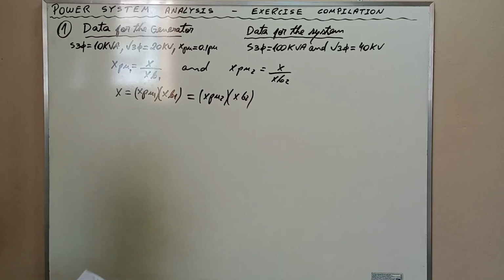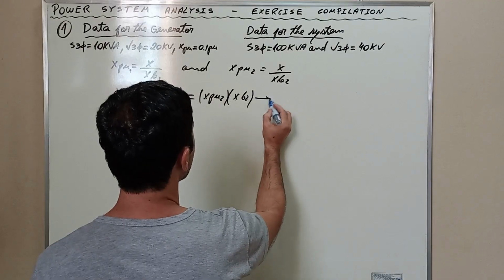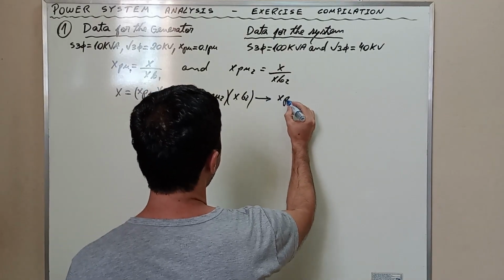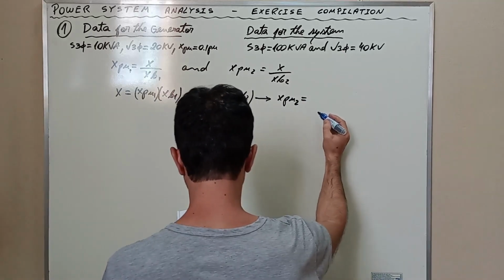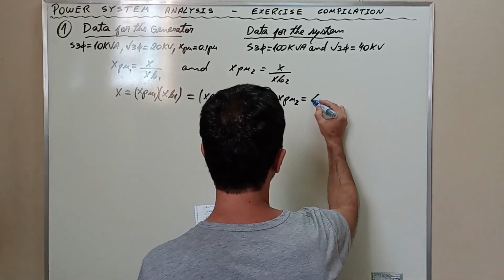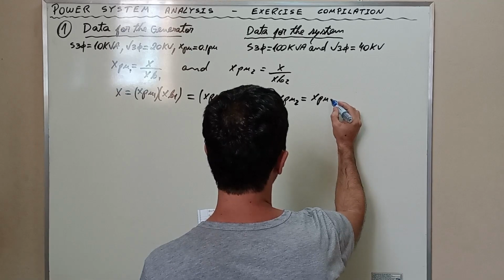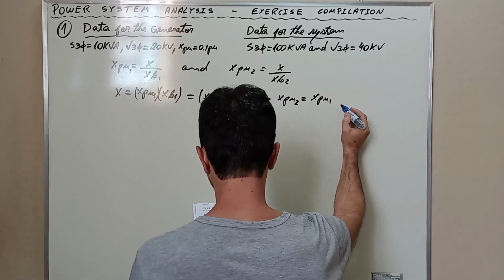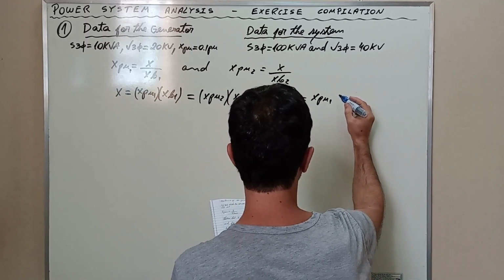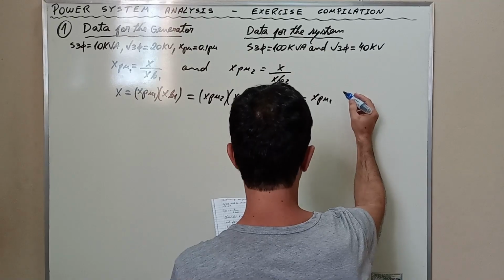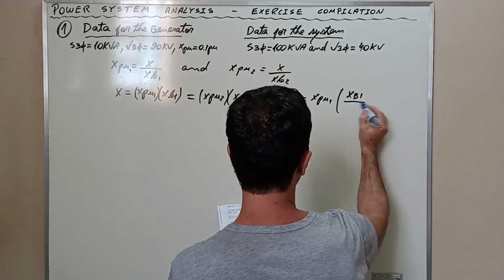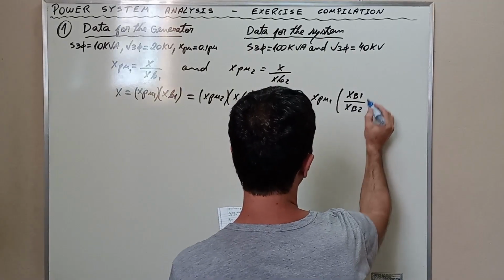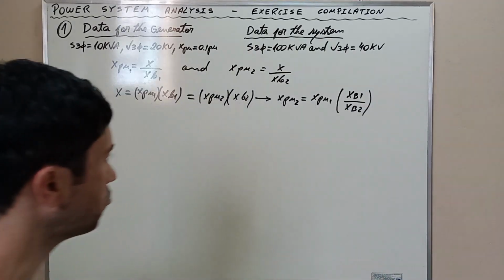And in this way, xPU2 is going to be equal to xPU1 times the base value of region 1 divided by the base value of region 2. Okay?